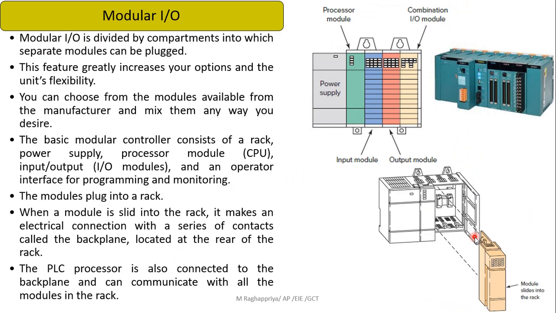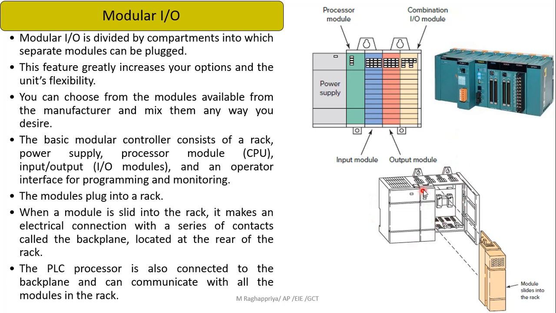And next is modular type IO. Modular type is divided into compartments into which separate modules can be plugged. Now look at this diagram. You can easily notice the difference between the previous one and this. Each and every module can be easily fixed into a rack-like thing, right?